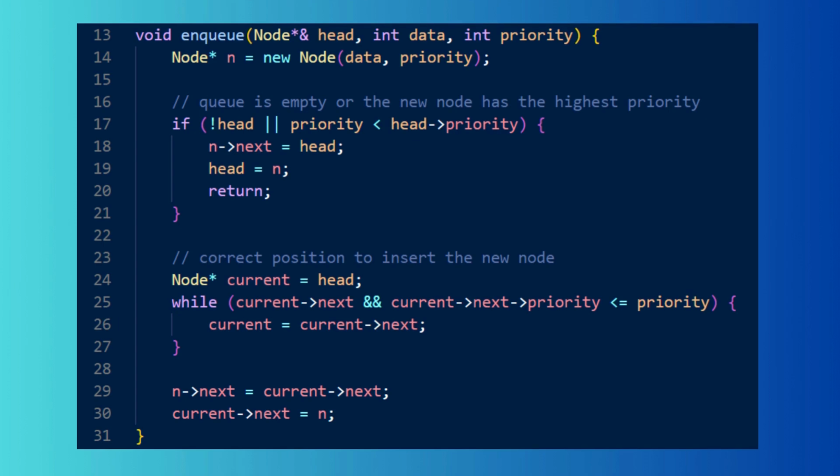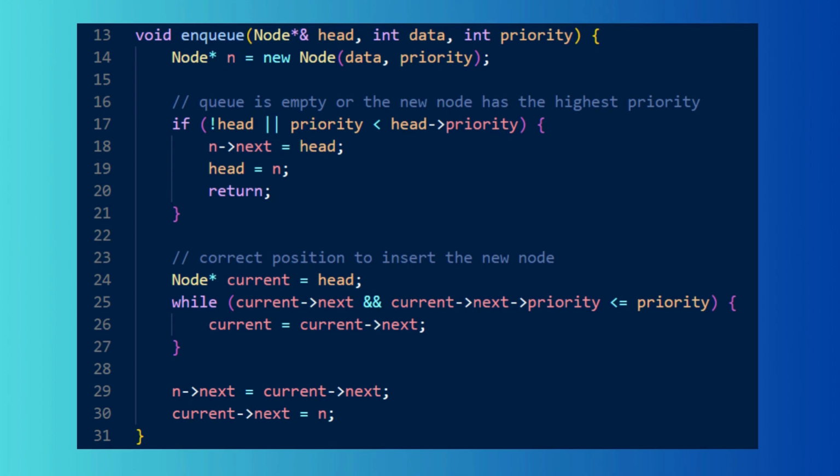After that, you can see I'm creating a current node pointer, and then I'm using a while condition to check the next pointer: current->next->priority less than or equal to priority. This will compare the current priority and the previous priority, and based on that, it will add the value. Here you can see n->next is current->next, and then current->next will be n.